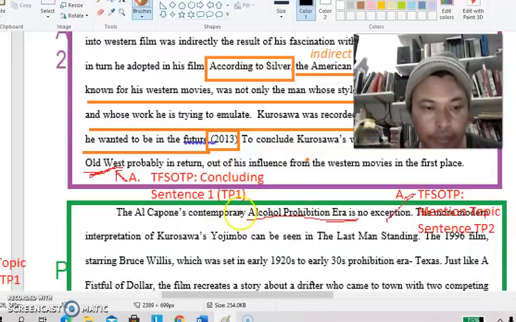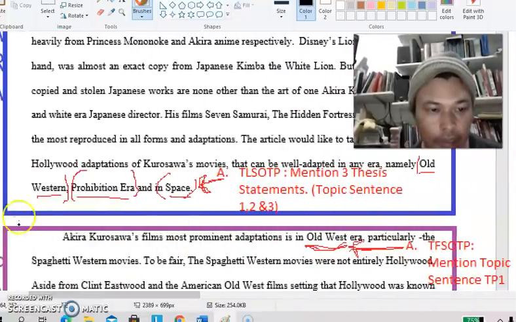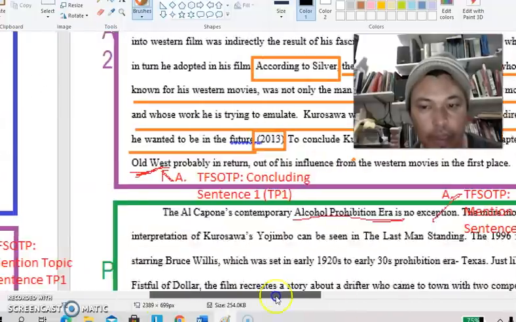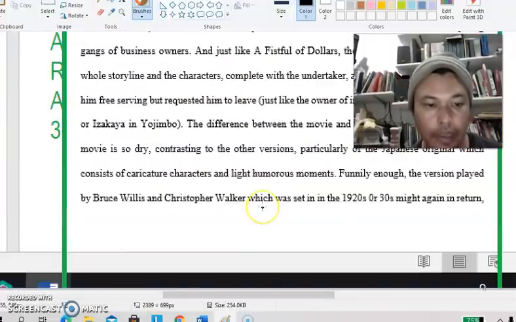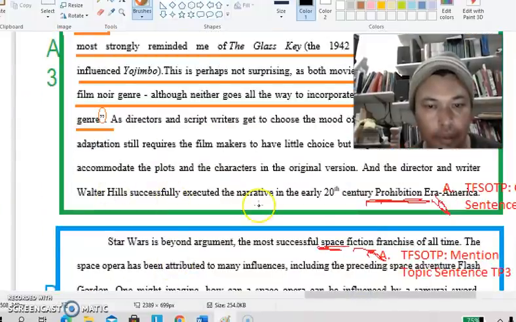the third paragraph. The second point is prohibition era. I mentioned it again in the first sentence of the paragraph, and then in the last sentence of the third paragraph, I mentioned prohibition era again.